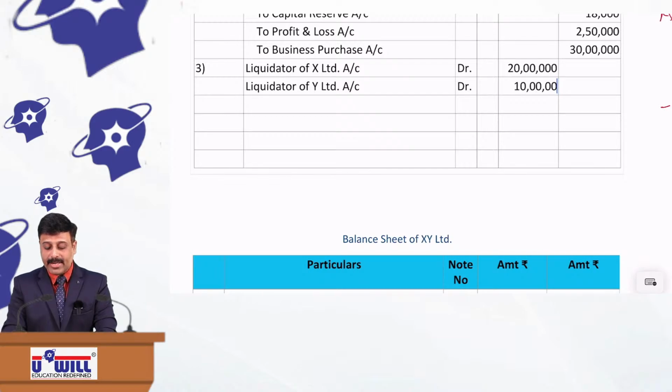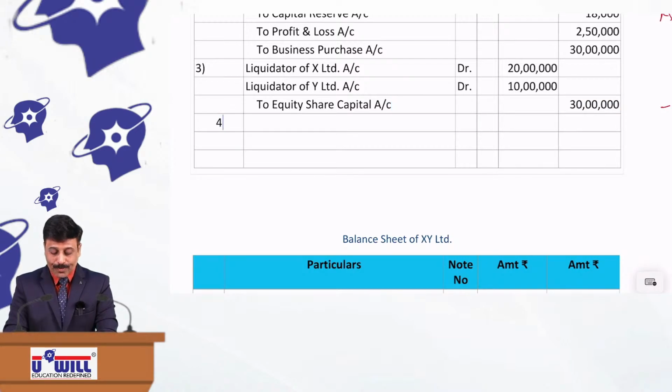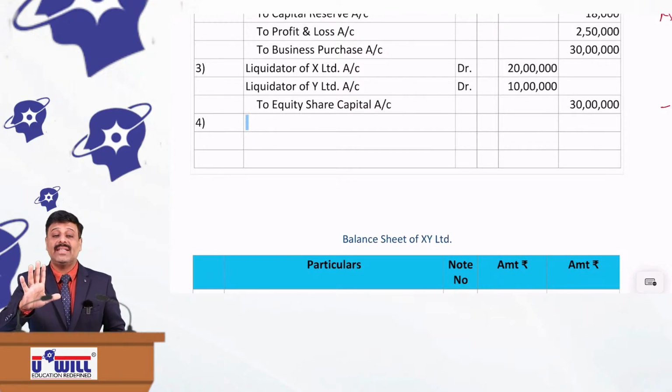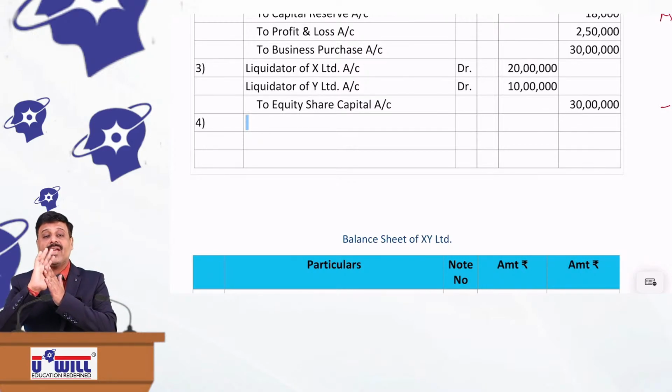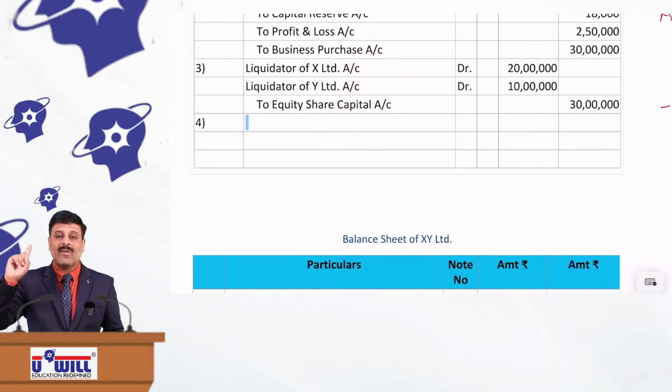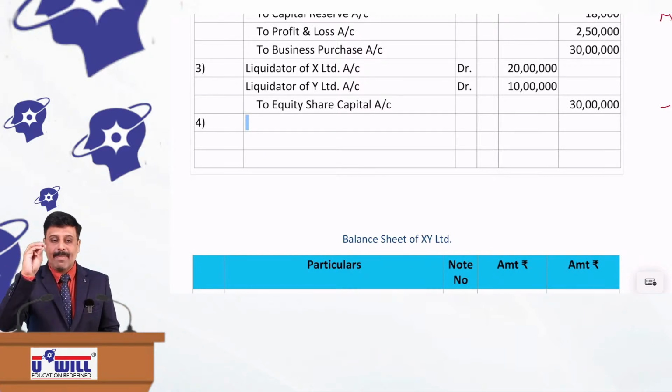Liquidator of Y Limited account debit with 10 lakhs. And equity shares goes out, credit what goes out to equity share capital account with the total amount of 30 lakhs. So I discussed with you that these three entries are compulsory. They will come in each and every question. 4, 5, 6, 7 will come depending on the specific language given in the question.